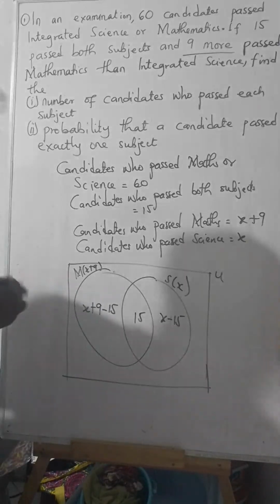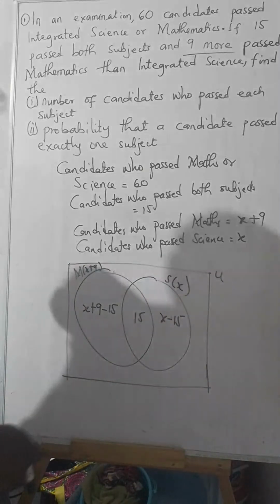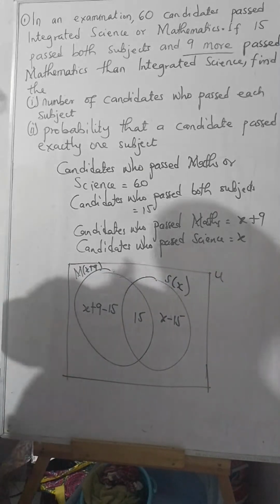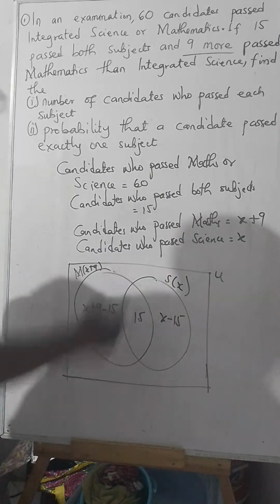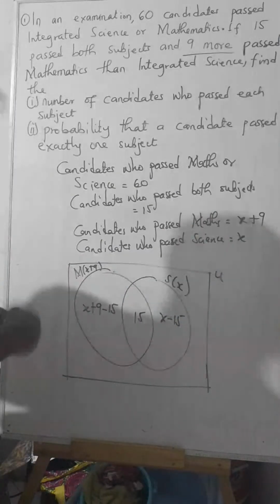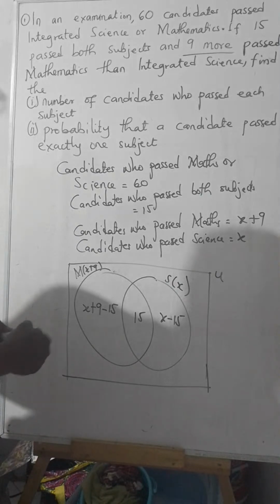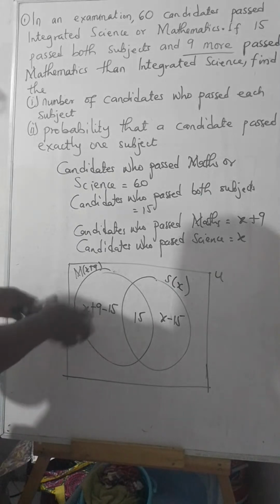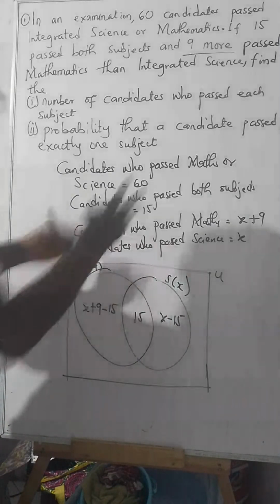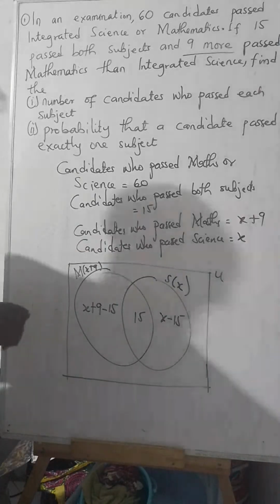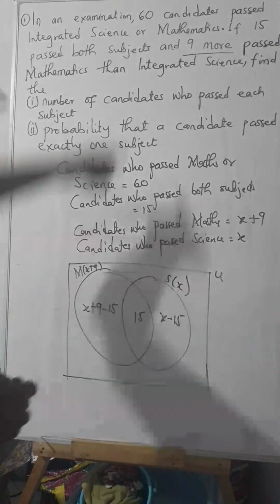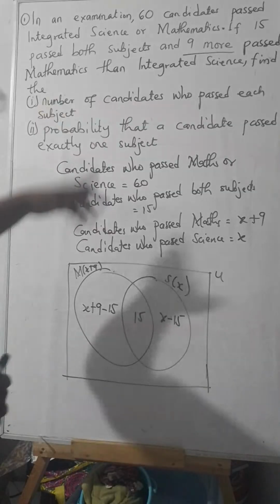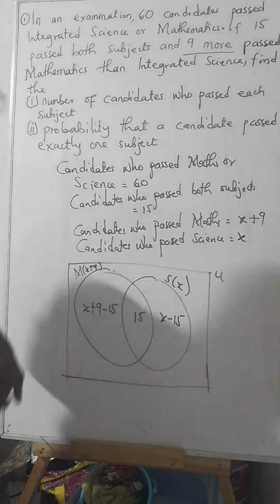So that is only maths and only science. You subtract the intersection from it. Good. So from here you add everything, equal to the maths and science, which is the 60, right?